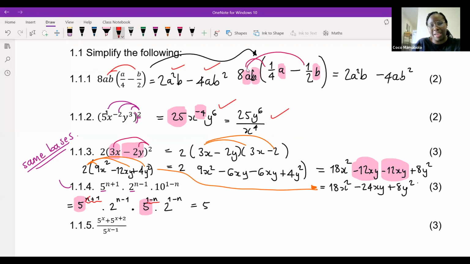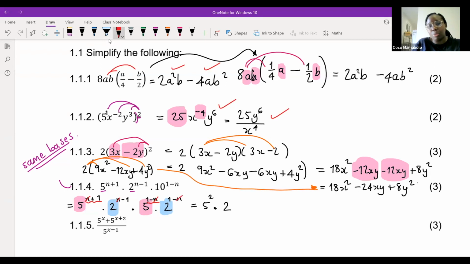So n minus n is going to cancel, and 1 plus 1 is going to give us 2. So I'm going to end up with 5 to the power of 2 multiplied by, now we're going to do the exact same thing for 2. I'm going to keep my base of 2, and we're going to do the exact same thing.